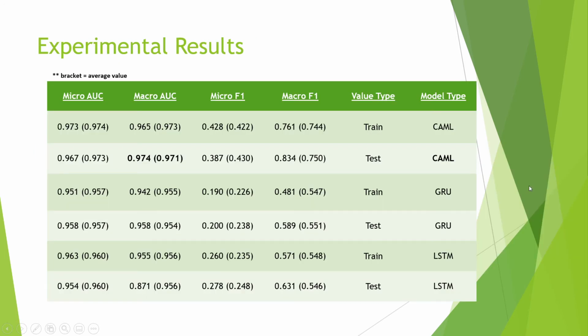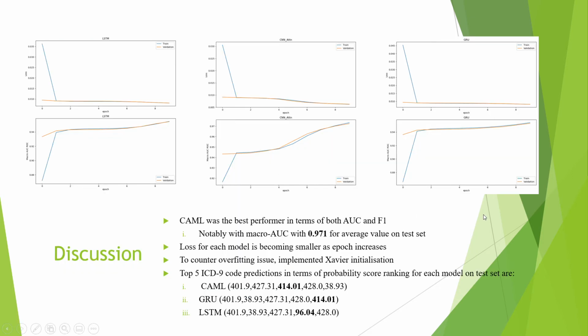From the model results, we know that CAML was the best performer, notably in terms of macro AUC and also in terms of micro F1 and macro F1. For the macro AUC, CAML reached 0.97 for average value on the test set, which was the highest among all models.